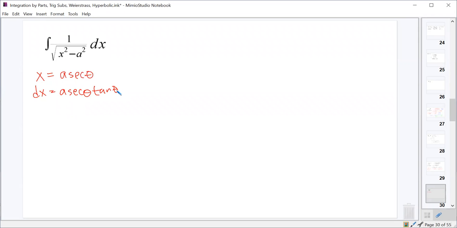Everybody agree with that? And our integral becomes an integral of a secant theta tangent theta d theta, forgot the d theta on there, divided by the square root of x squared, which is a squared secant squared theta, minus a squared.